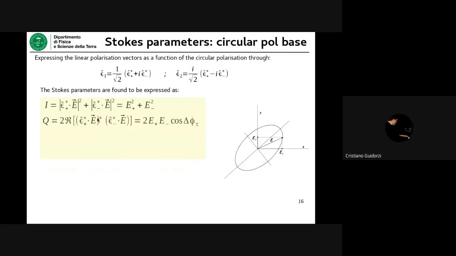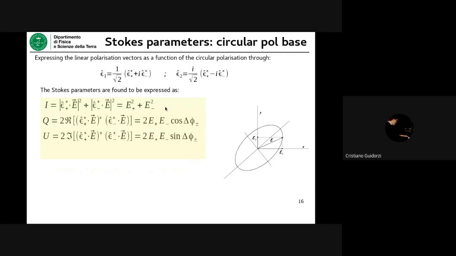I remind you the asterisk stands for complex conjugate. So indeed, this is twice the product of the two amplitudes times the cosine of the relative phase, where the relative phase is related to the phases of the two unit vector bases, epsilon plus and epsilon minus.